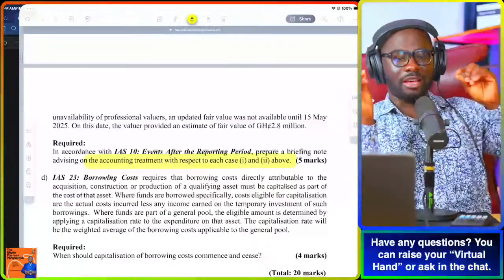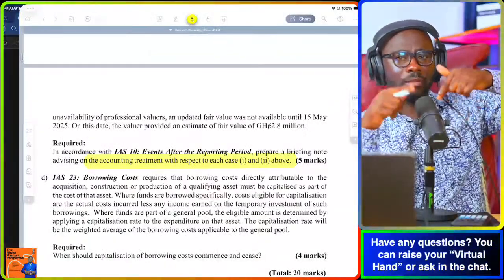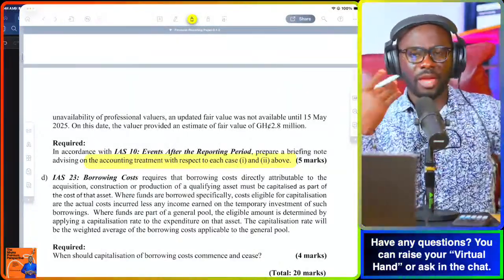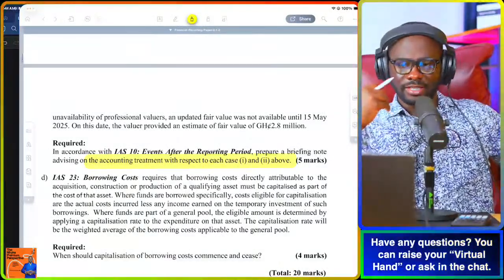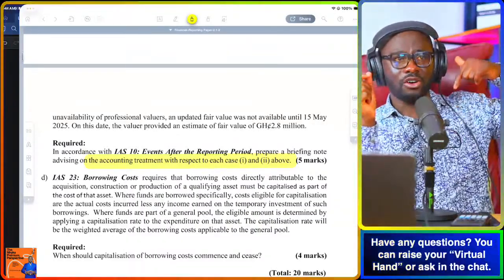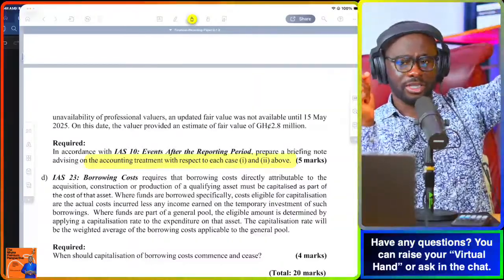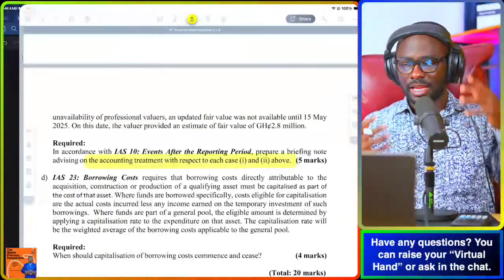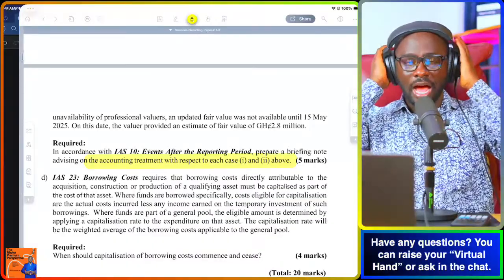So these are events happening after the end of the year, but before financial statements are authorized for publication. What we mentioned is that if there is an event that is giving us further information about a transaction or something that had existed at the reporting date, then that becomes an adjusting event. An adjusting event means that the financial statement will require amendment.